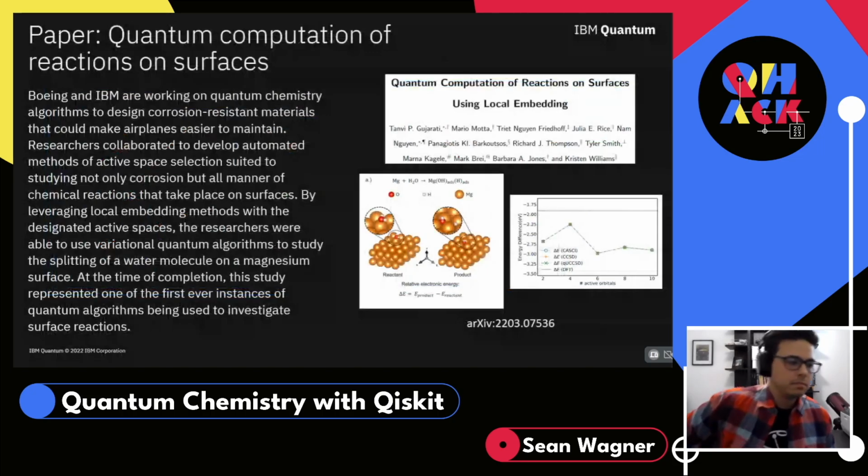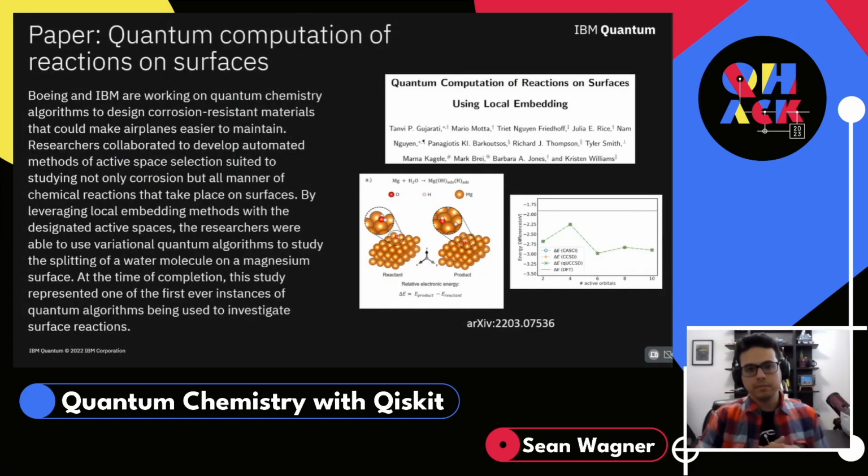Just some other studies that have been done, and these are not necessarily just an IBM thing, but we're working with lots of partners on various chemistry type problems. This one in particular from our partner Boeing, and they're looking at surface chemistries, right, and various materials. Boeing's interested in making sure that the various materials that they use in their aircraft don't undergo corrosion, or at least they want to figure out what the corrosion mechanisms are.